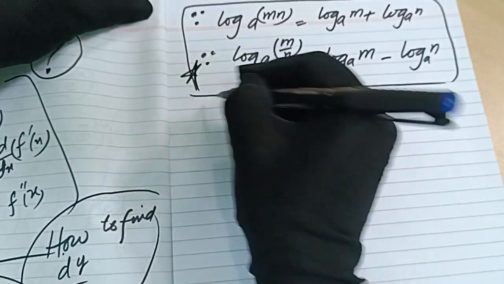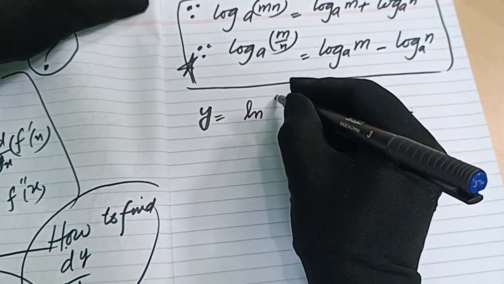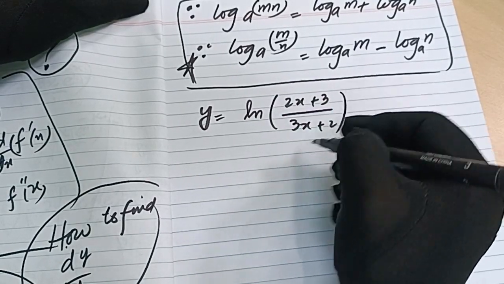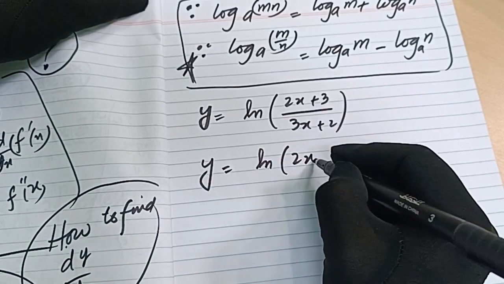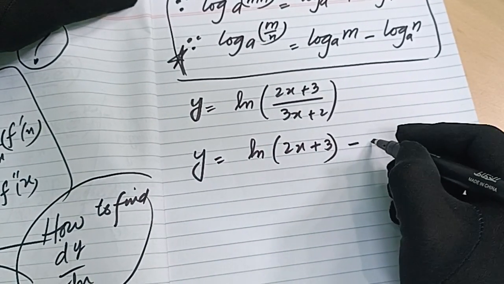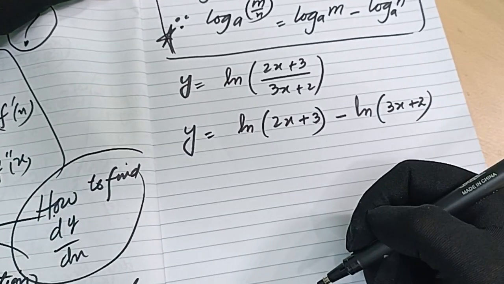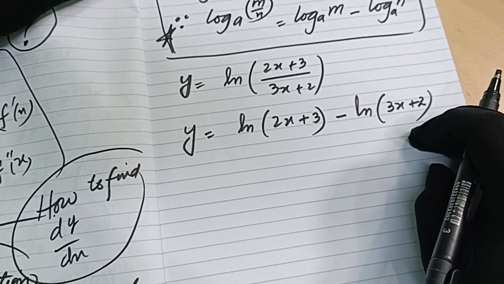So we will use this to change this question, log of (2x plus 3) over (3x plus 2). First I will write it as natural log of the first function minus natural log of the second function. In the linear form it's easy to take the derivative.